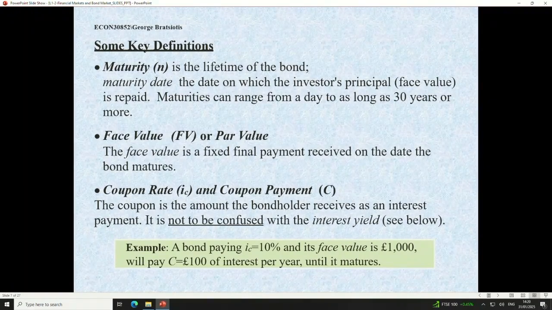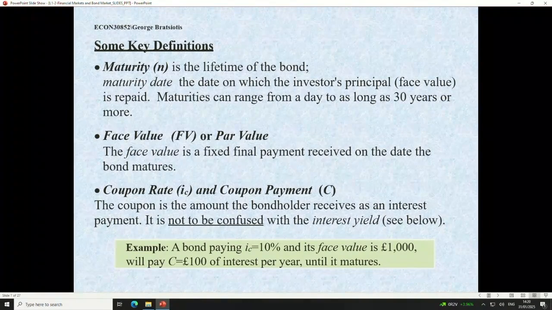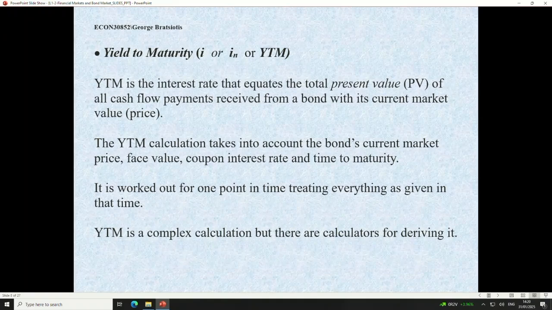Every year you would take one of them, tear it off, and go to the post office or the government agency and say, "Where's my coupon payment?" But now that is done automatically. But we still call them coupon payments.